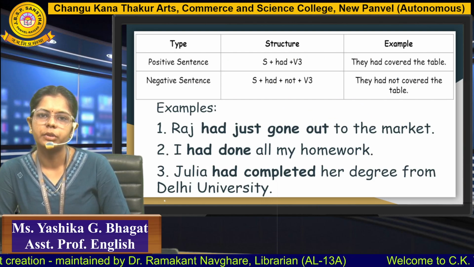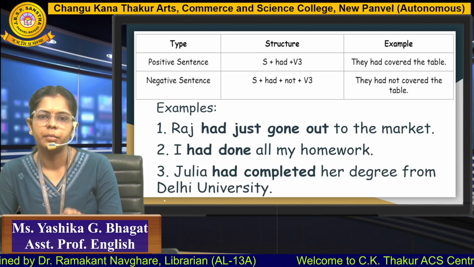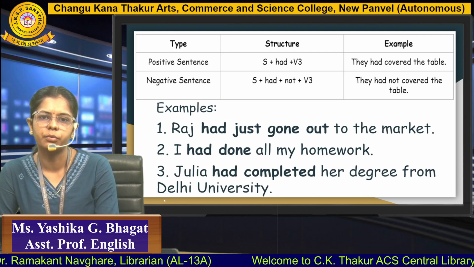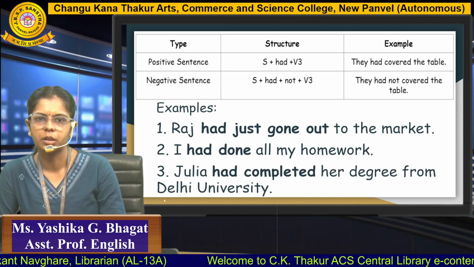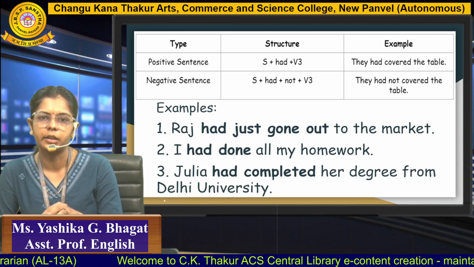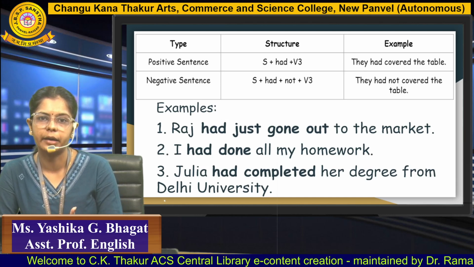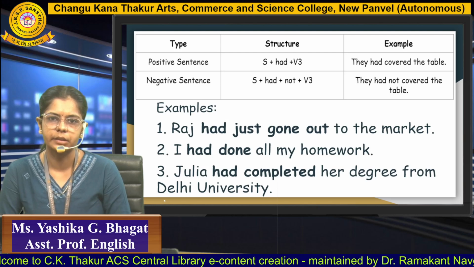Moving on to the structure of this type of tense: subject plus had plus V3. Perfect tenses represent the third form of verb. Whether you are using it in the present, in the past, or in the future tense, perfect tenses always carry the V3 verb. Now the helping verb that we are going to use here is had, because we are learning past tenses.